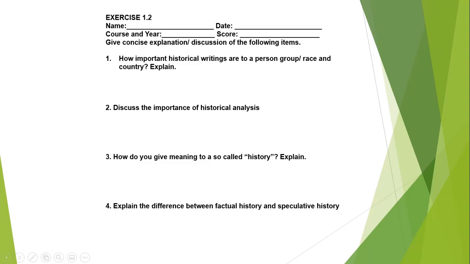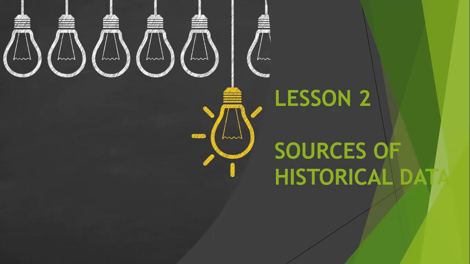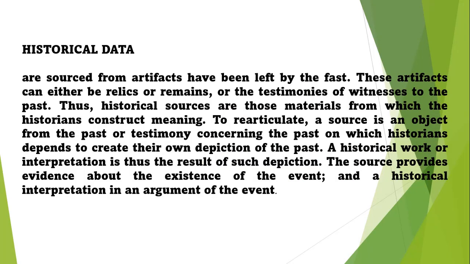At this point, we're going to discuss sources of historical data. Historical data are sourced from artifacts that have been left by the past. These artifacts can either be relics or remains or the testimonies of witnesses to the past.